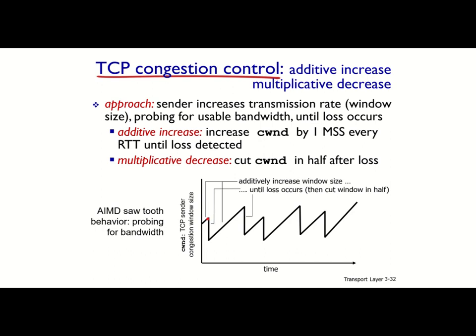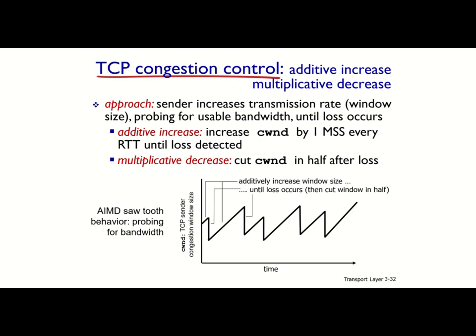Therefore, you have to cut CWND in half, so it comes here, and then again it gradually increases until the next loss happens. So you have to cut it in half again, and then we gradually increase until a loss happens here. Then we cut in half again, same story. So in this plot, how many losses have happened? 1, 2, 3, 4, 5. So 5 losses happened in this plot.